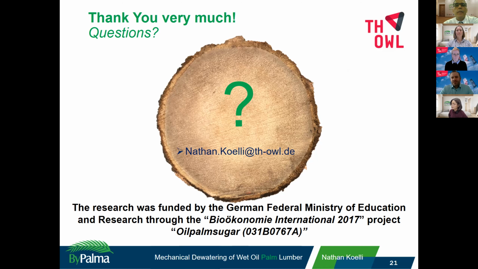Therefore, I did not measure the impact of the mechanical dewatering on the cell collapse, but some have proven that there is also a positive impact when you further process mechanically dewatered oil palm lumber. But sorry, I cannot answer that.